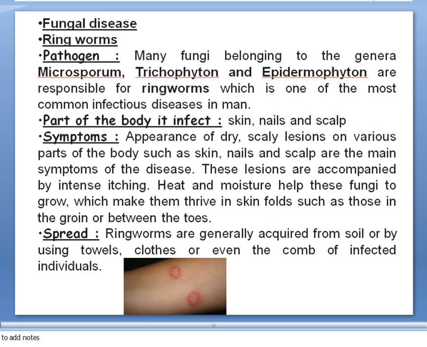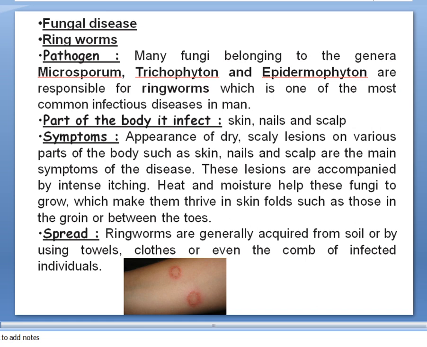So this patch will have a red circular patch. Usually it will grow in a ring manner. In a circular pattern only it will grow, with intense itching. It will be spreading in this manner only. Fine.